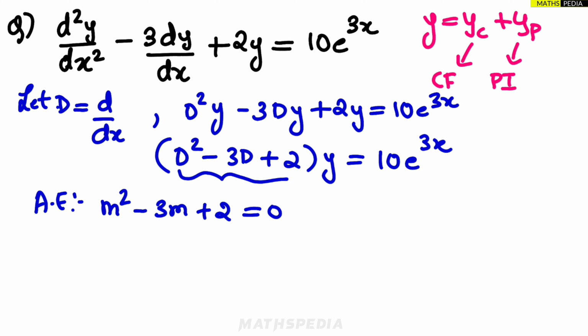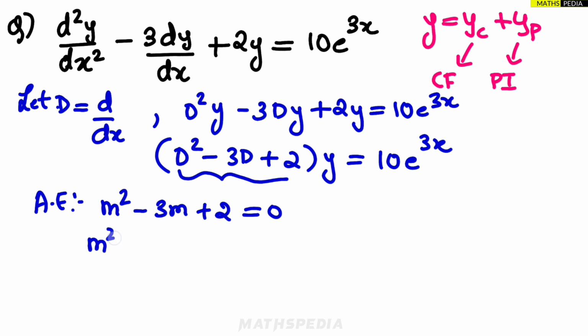This is a quadratic equation. You can apply the quadratic formula, factorization, or a calculator, if it is allowed. Here I will do the factorization method. It is quite simple. 1 is the coefficient here, so 1 into 2 is nothing but 2. While multiplying I should get 2, and while adding I should get minus 3. Simple concept. So I can use minus 1 and minus 2, right?